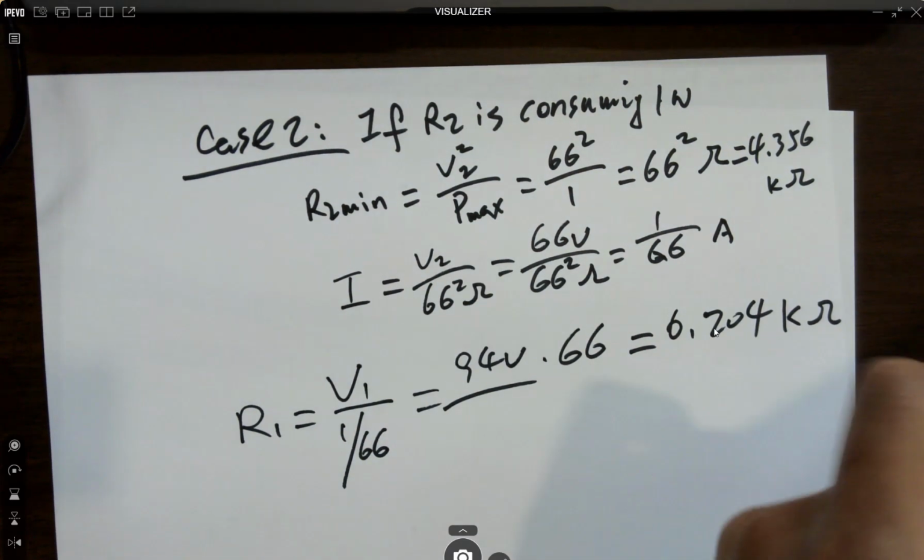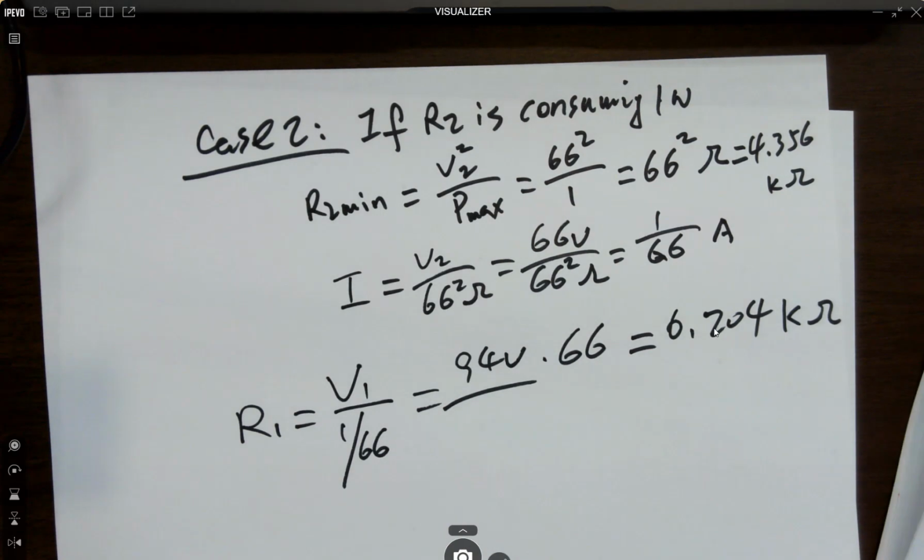What I got was different. R1 is that, no problem. R2. Wouldn't it be contradictory if R2 was consuming 1 watt, because R1 would have to be a higher wattage, wouldn't it?